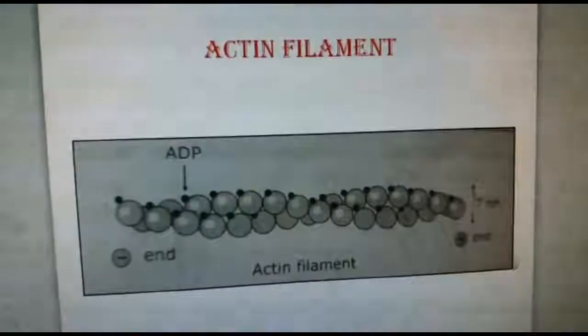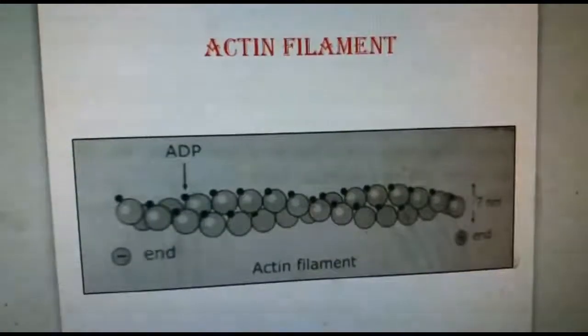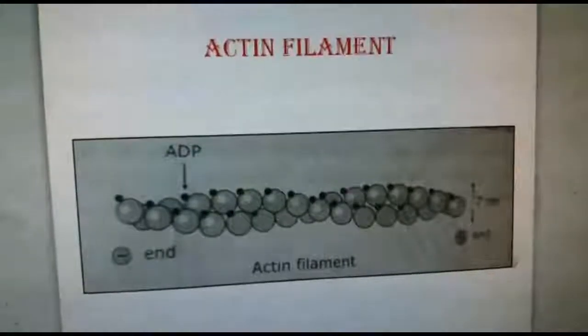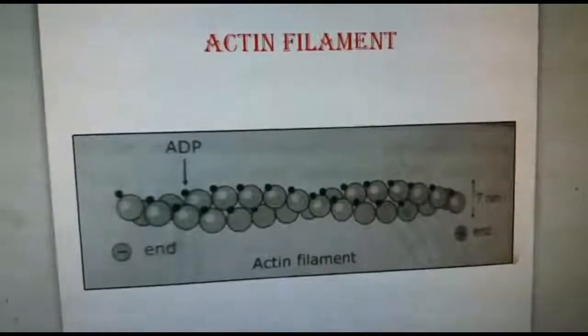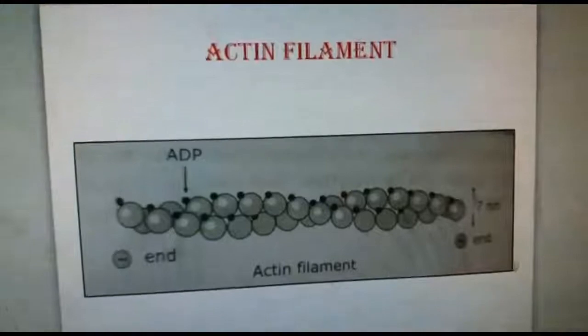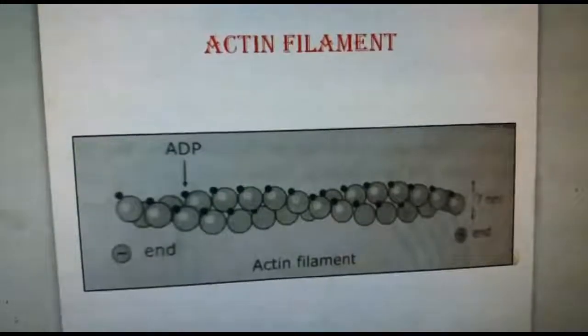Although actin filaments are dispersed throughout the cell, they are most highly concentrated in the cortex, just beneath the plasma membrane. Actin filaments, as we know, also called the microfilaments, are made up of G actins.